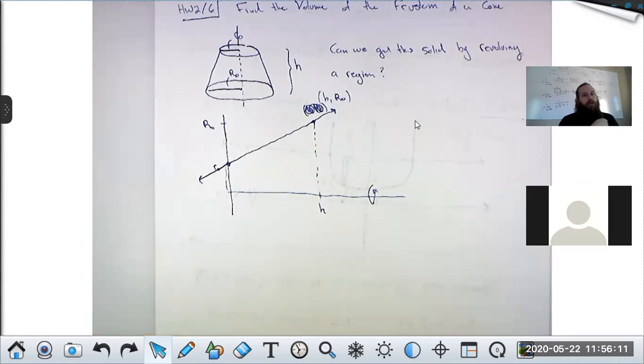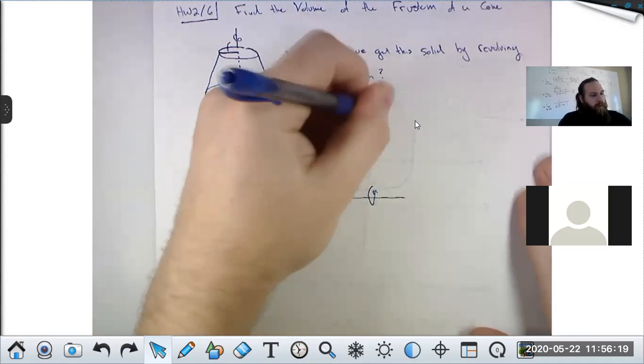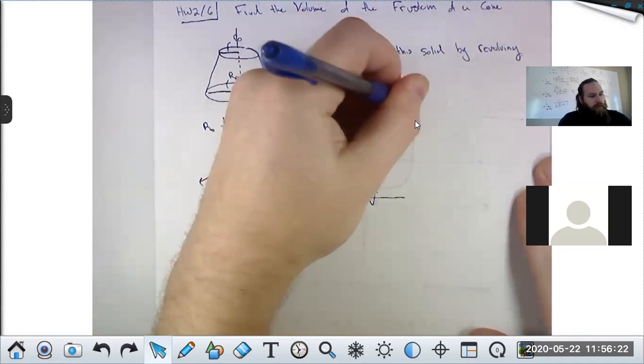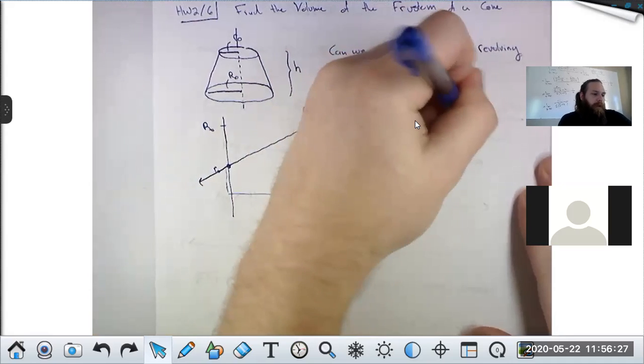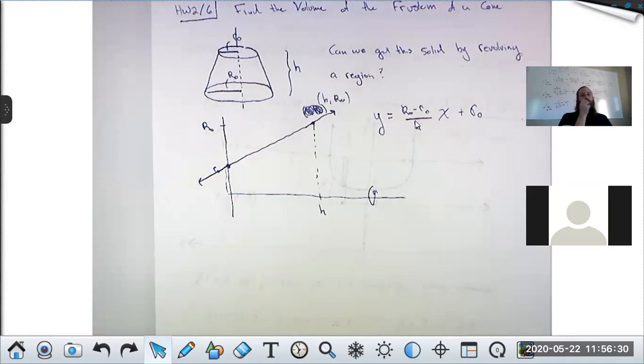So the rise is big R0 minus little r0, and the run is h. So this is the line y equals big R0 minus little r0 over h times x plus little r0. That is the equation of that line, right? This is your slope, m times x, plus your y-intercept. Yeah, it's the equation of the secant line through those two points.